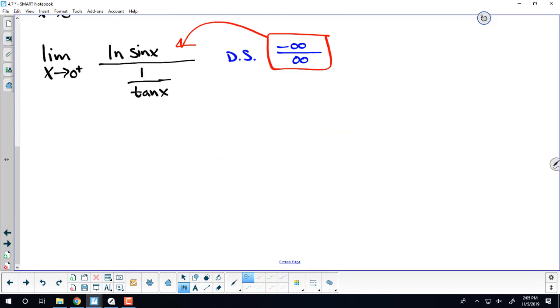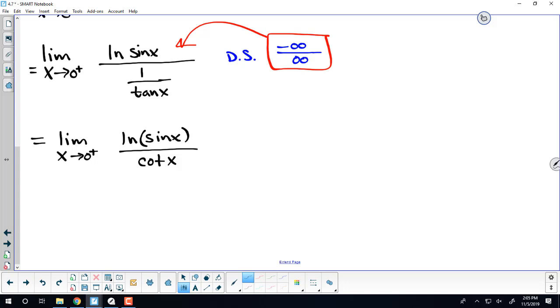And what I would do from here before I actually applied L'Hopital's rule is I would rewrite this limit once more. Various people did various things, but I think if we rewrite 1 over tangent as just cotangent, it might be a little bit easier to simplify.